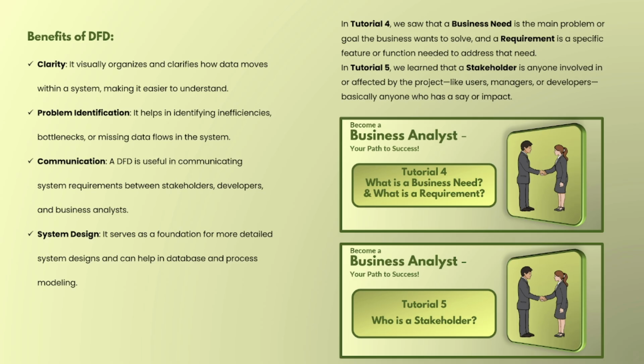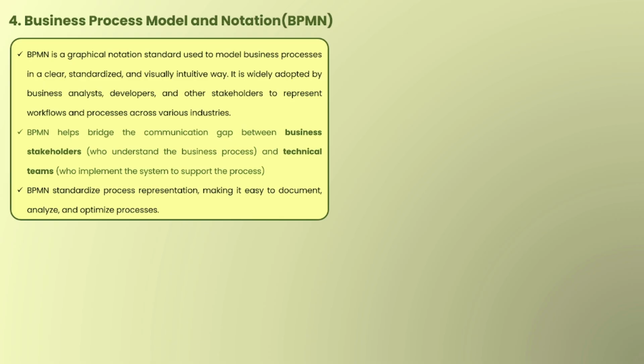Now let's move to the final technique which we will see under process modeling, and let's see how it works: Business Process Model and Notation, that is BPMN. BPMN is a graphical notation standard used to model business processes in a clear, standardized, and visually intuitive way, and it is widely adopted by business analysts, developers, and other stakeholders to represent workflows and processes across various industries.